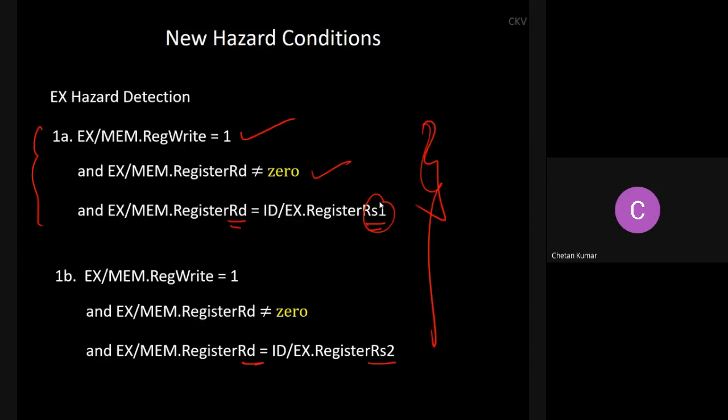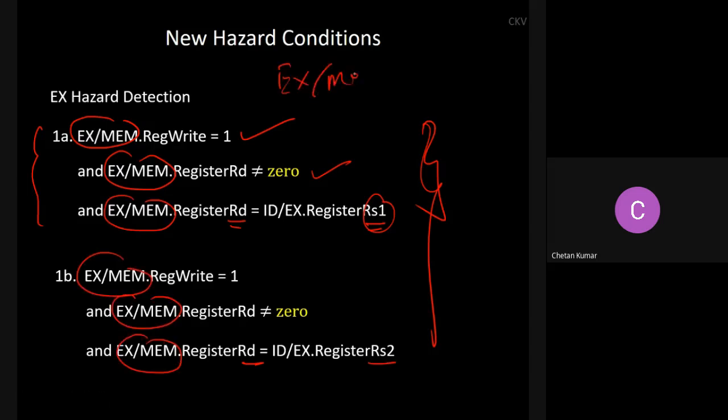Yes. So only a few things will change here. What will change? On all of these equations, because the instruction would have gone to the next stage, you just replace EX/MEM with MEM/WB. So RegWrite is equal to 1, RD not equal to 0, and ID/EX.RegisterRS1, RS2 will remain the same.